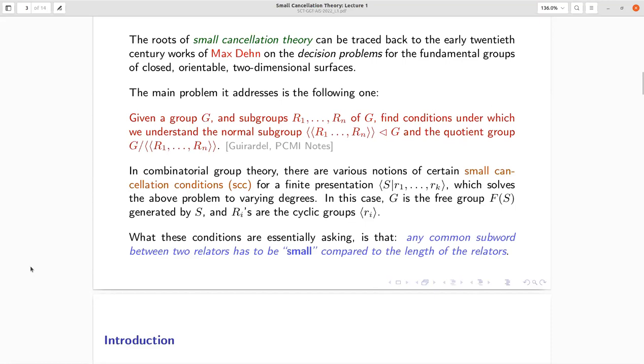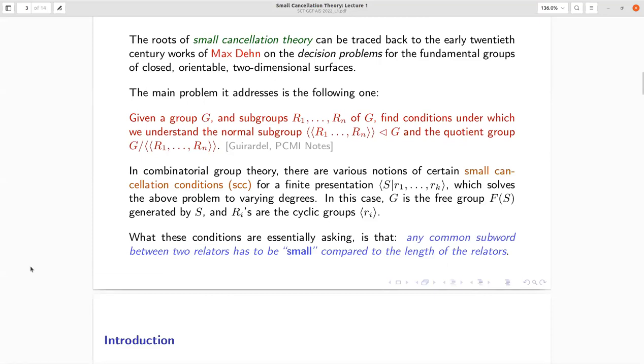Under small cancellation theory, we are essentially trying to find conditions on these relators R1 to Rk. If we relate this statement to this context for a finitely presented group, we are trying to find conditions on subgroups. Which subgroups? The cyclic subgroups generated by the finitely many relators that we have.